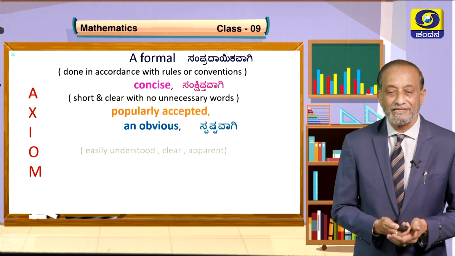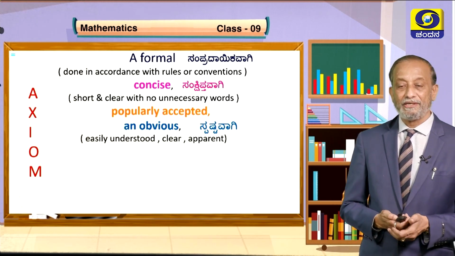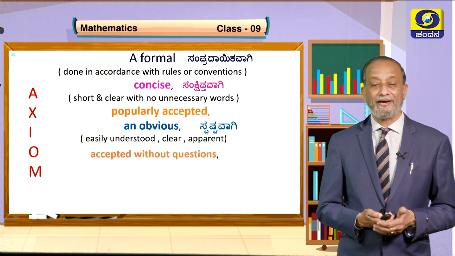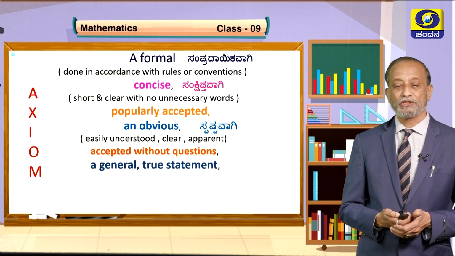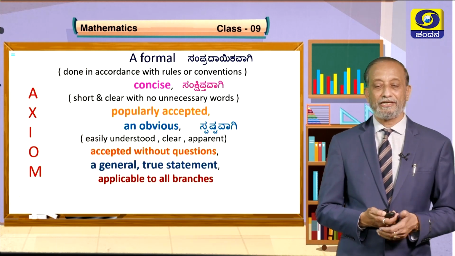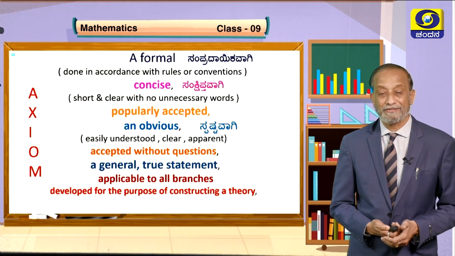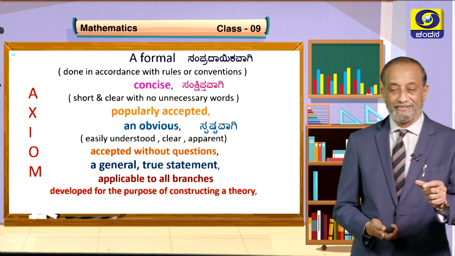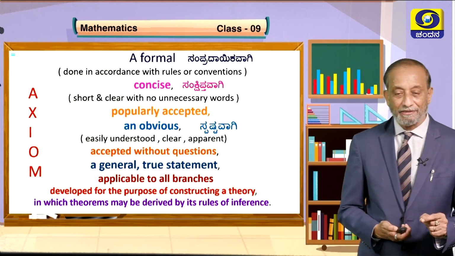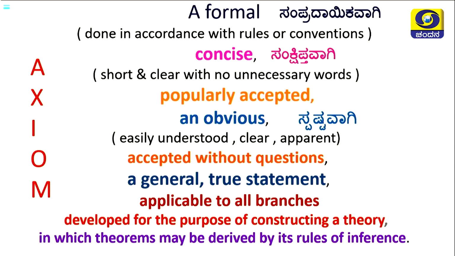And obvious, which means easily understood, clear and apparent, accepted without questions, a general true statement applicable to all branches, developed for the purpose of constructing a theory. This is very, very important, in which theorems may be derived by its rules of inference.